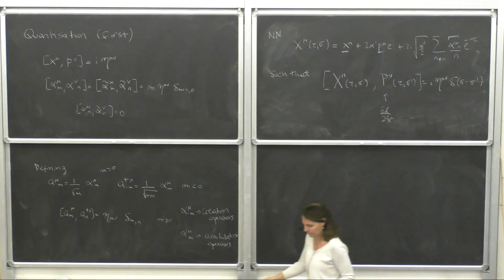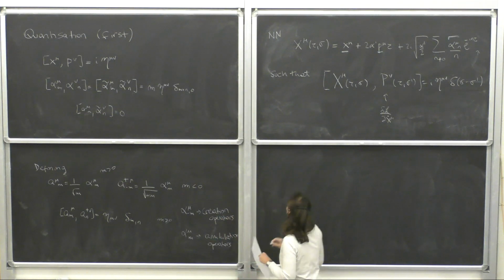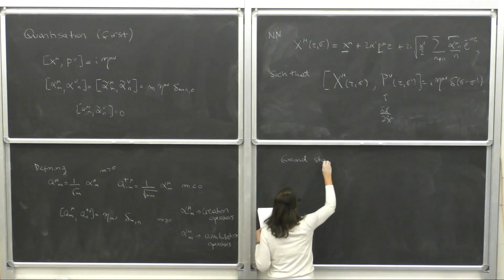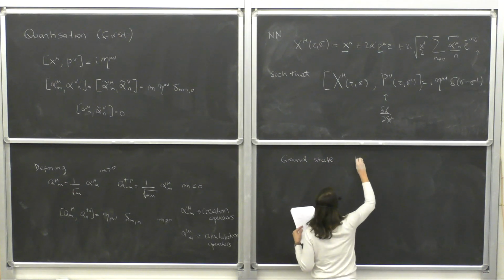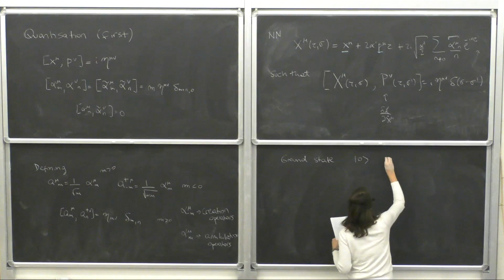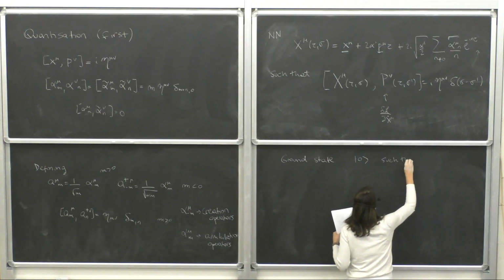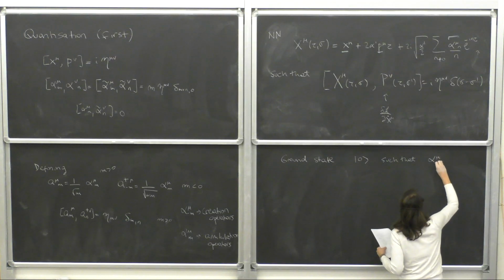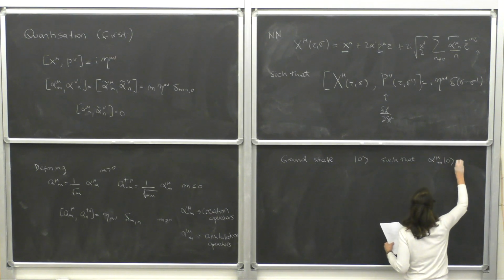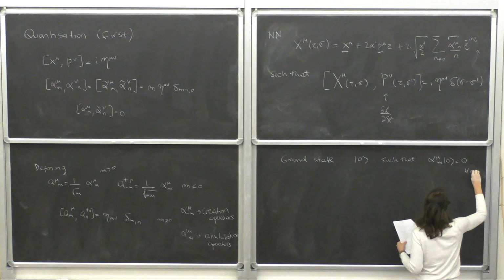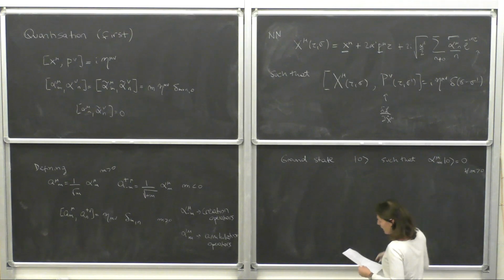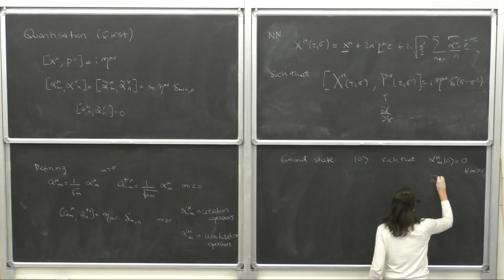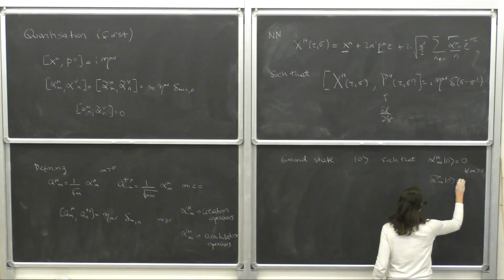So define a ground state 0 such that alpha mu m on 0 is equal to 0 for all m greater than 0. So it's annihilated by all the annihilation operators, and alpha tilde mu m on 0 is equal to 0.